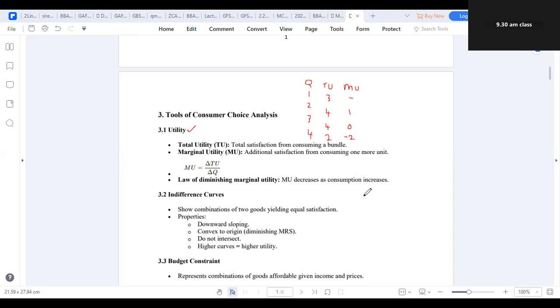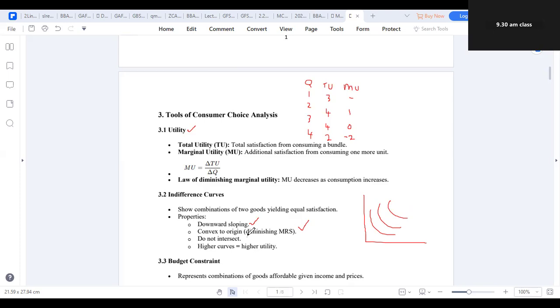So indifference curves are the curves that will show you these satisfactions. The indifference curves have a lot of properties that we need to know. Number one is that they're downsloping. Number two is that they're convex to the origin. This will fulfill the diminishing marginal rate of substitution.